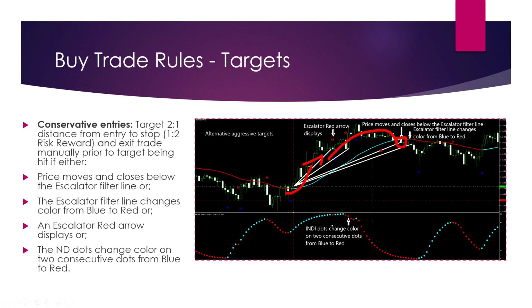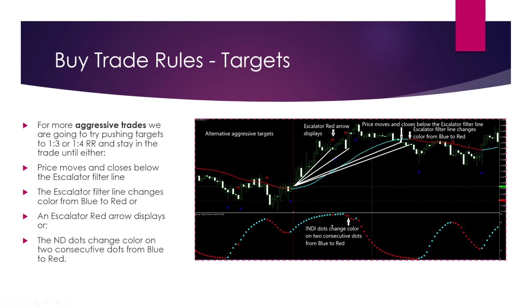Or if the line changes color from blue to red, like here, or if we have an opposite signal arrow, like here, or in case we see 2 consecutive red dots appear on our ND dot indicator, like here.